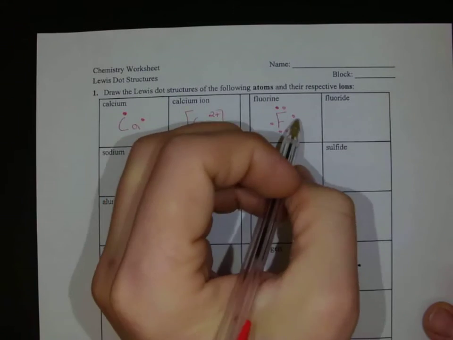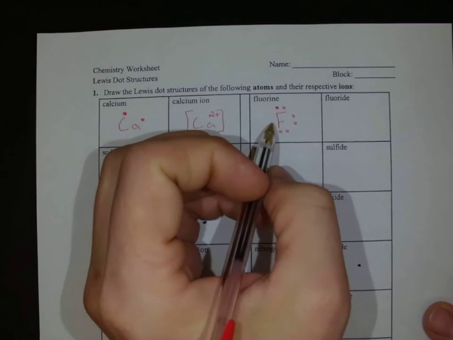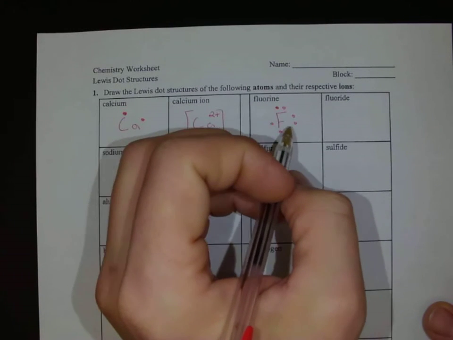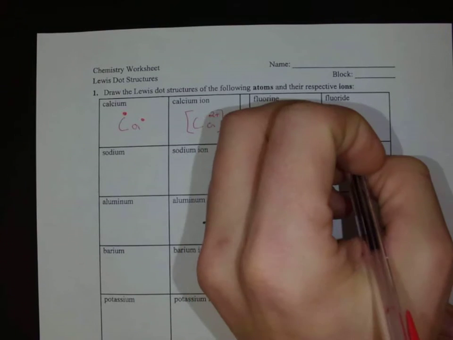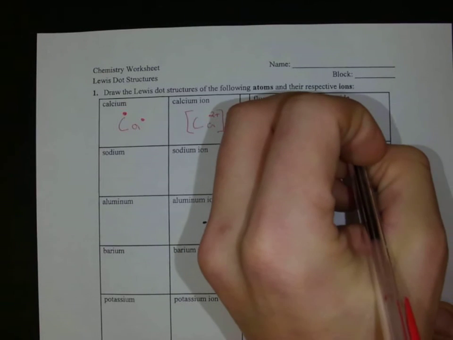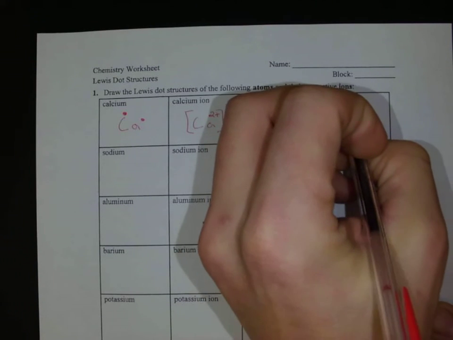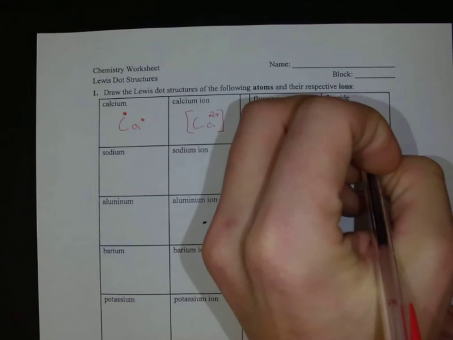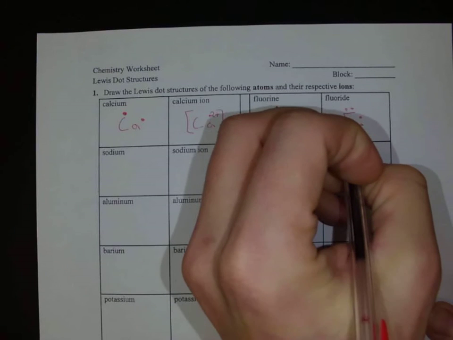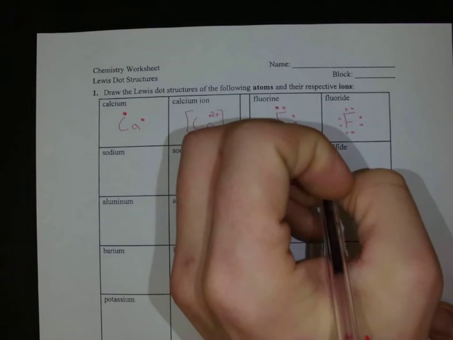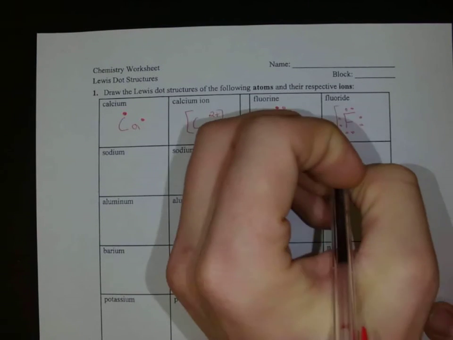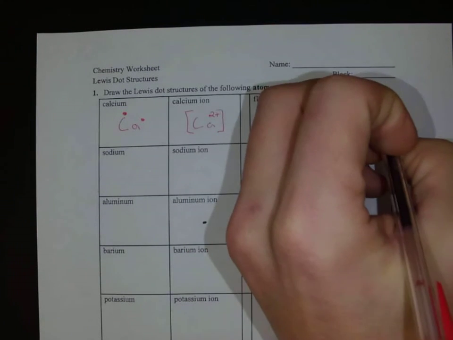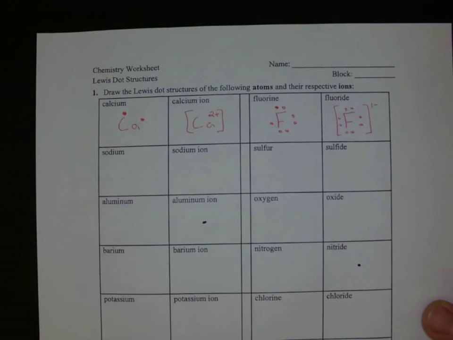It wants to gain 1 more electron to get up to that full valence shell. So the fluoride ion is going to be F with 1, 2, 3, 4, 5, 6, 7, 8 electrons around it. And now I need to put it in brackets and say that it's got a 1- charge.